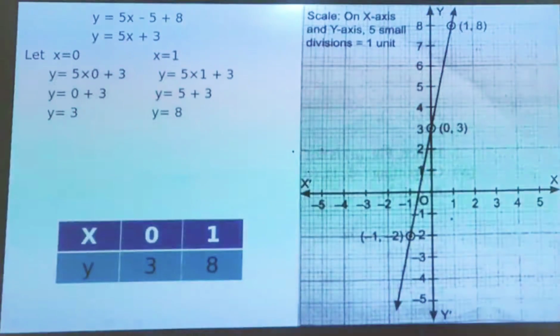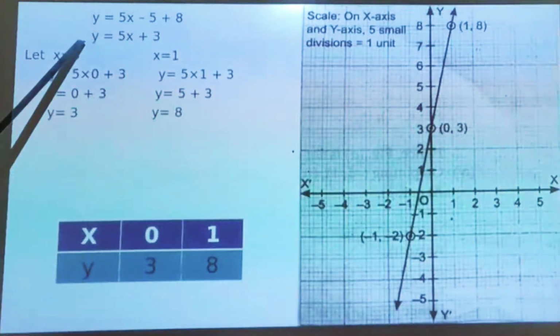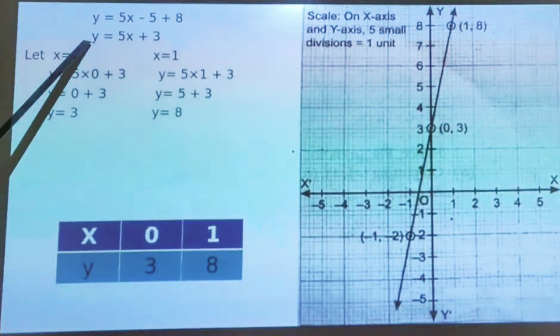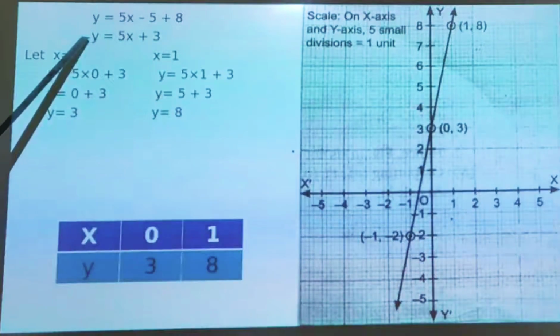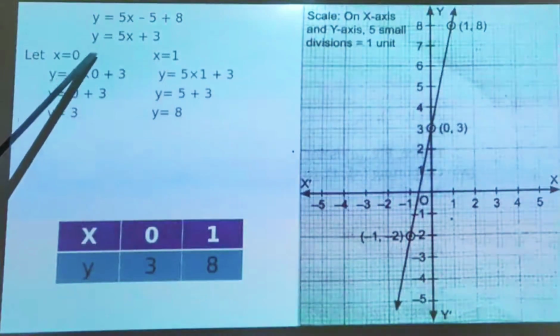Further solving, we will get y equal to 5x minus 5 plus 8, that is y equal to 5x plus 3. Here for solving we multiply 5 with x first and then 5 with minus 1.